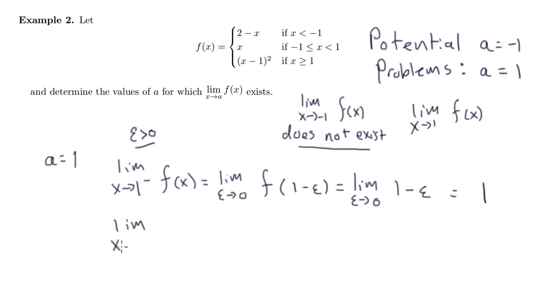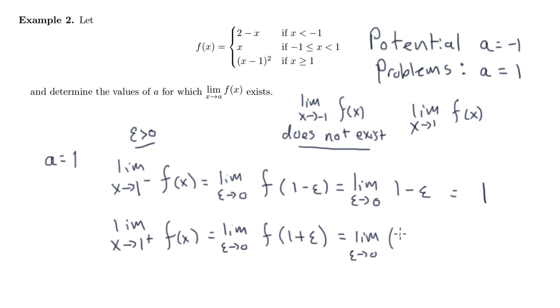The limit as x approaches 1 from the right, same deal. We just let epsilon be a small positive number and take the limit as epsilon goes to 0, but this time we want to add epsilon to 1 to be to the right of 1. And then we're in this final definition of the function, (x minus 1) squared. So what is this? It's the limit as epsilon goes to 0 of (1 plus epsilon minus 1) squared.